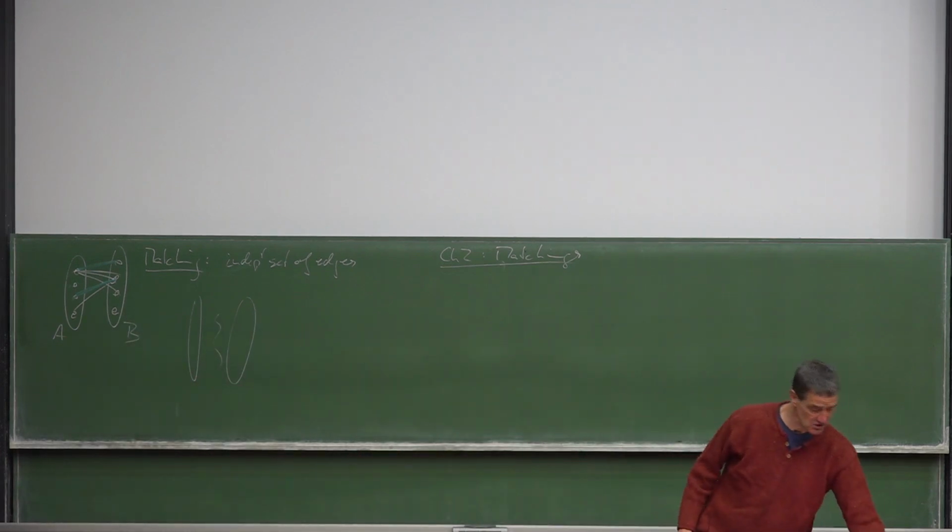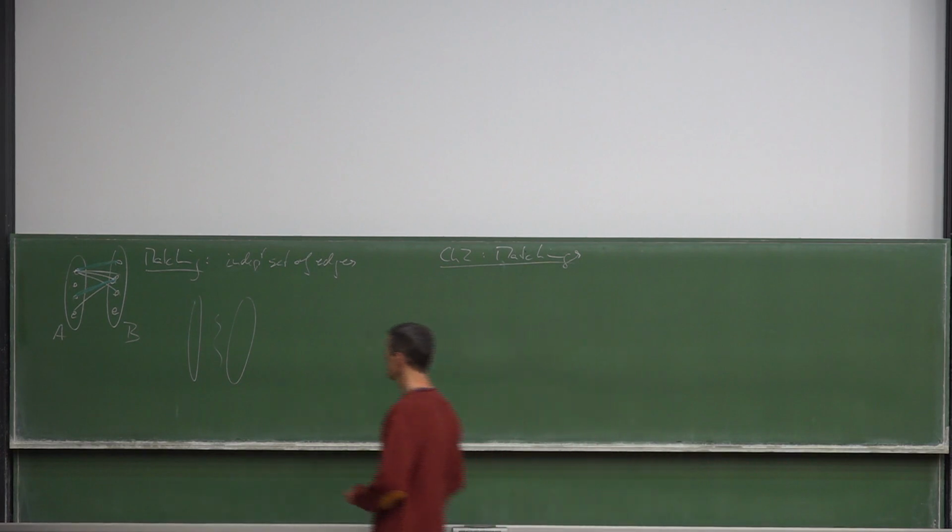So, for example, we might have our graph with some edges here, and then we might do it greedily and just collect independent edges, one after the other.